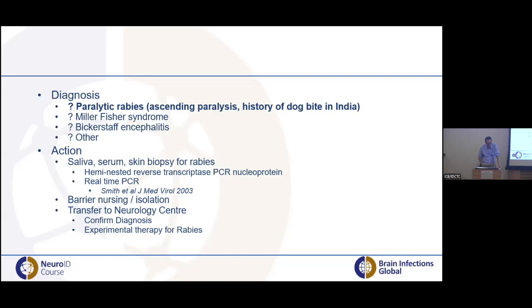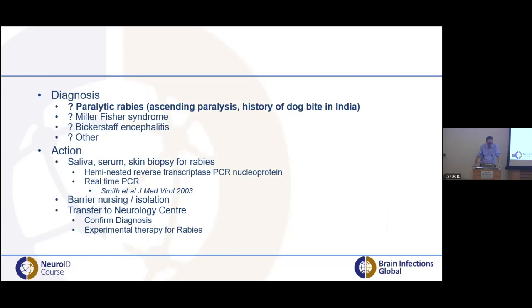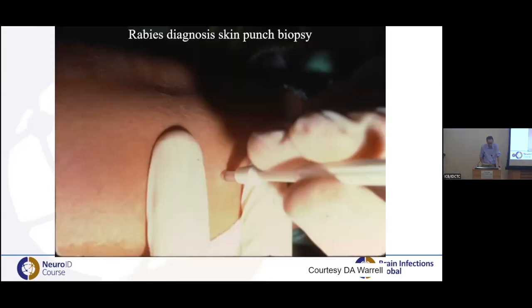The testing for rabies is the saliva or the skin or the serum, or the best is actually the skin biopsy, for rabies virus. But we also did some barrier nursing, and we transferred her to our center because if it was rabies, there was some experimental treatment that we were going to consider.